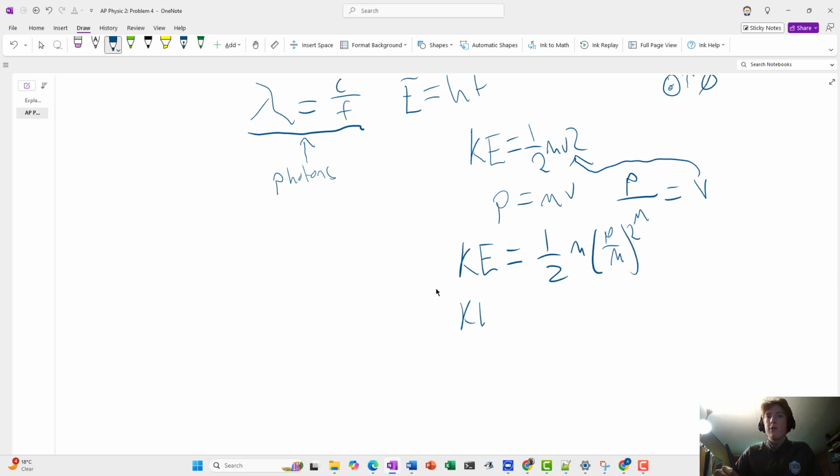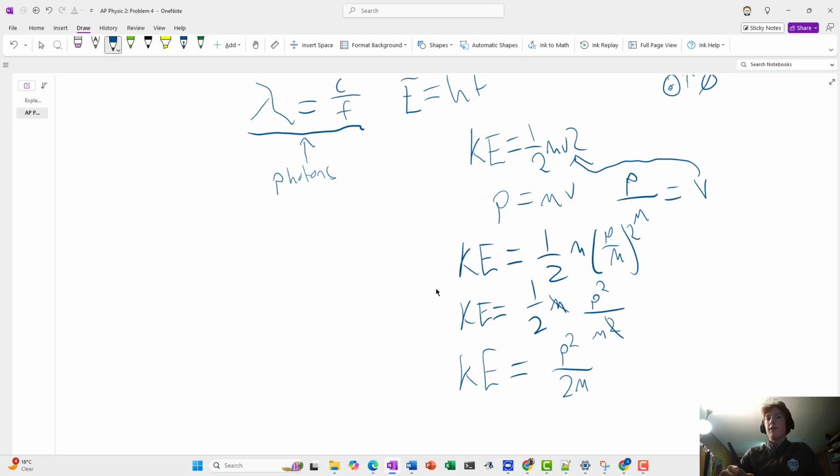Then if we simplify this, we get kinetic energy is equal to 1/2 m times p squared over m squared. You'll see that this m and that m will cancel out, and we'll be left with kinetic energy is equal to p squared over 2m. So from here, all we need to do is find the momentum. What is p equal to?